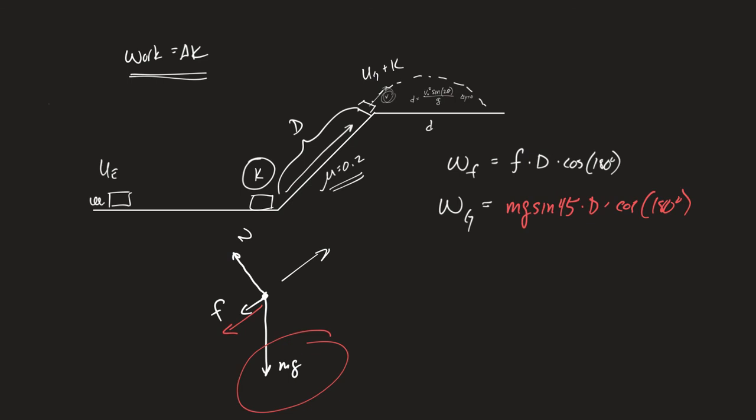If you don't want to deal with the component of the weight, and I don't, I want to just deal with the weight, then you could do this as mg times d times the cosine of the angle between the displacement and mg, which is 135 degrees.